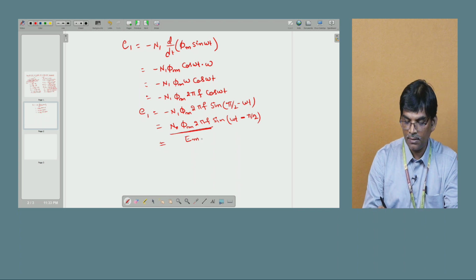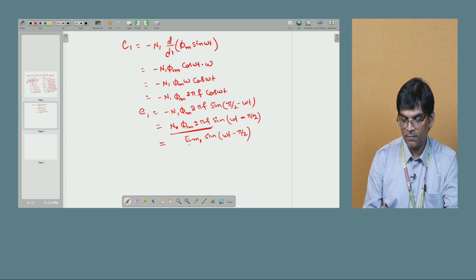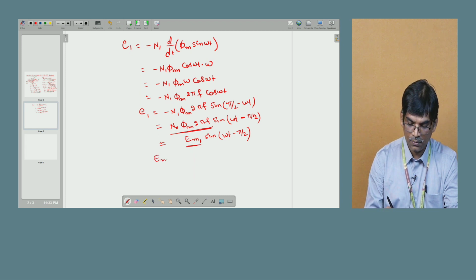We are writing for the primary side, that's why E1 is equal to Em1 sin (ωt minus π by 2). From this equation we observe that Em1 is equal to N1 φm 2πf.